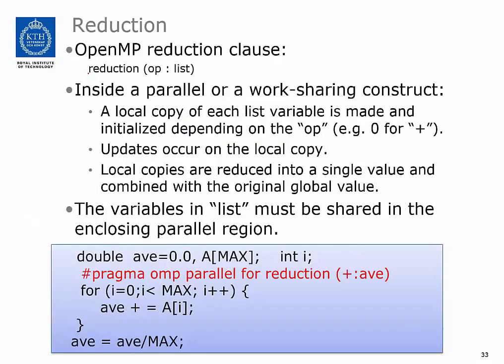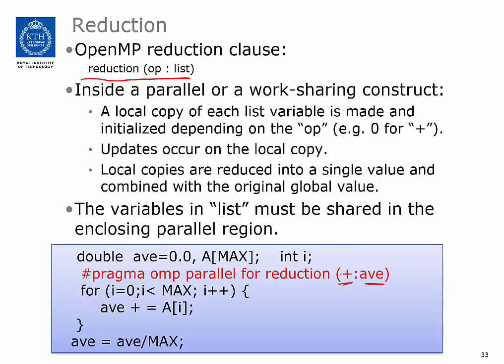This is a clause that you put on the for loop work sharing construct. You can specify that the variable is a reduction variable. So in this case, the AVE variable is a reduction variable, and the operation you perform on it is plus.